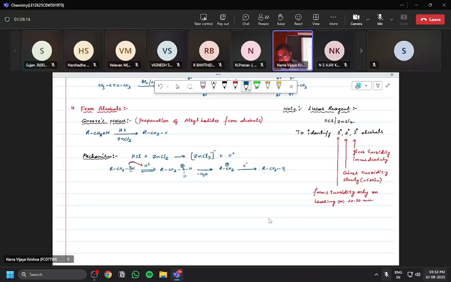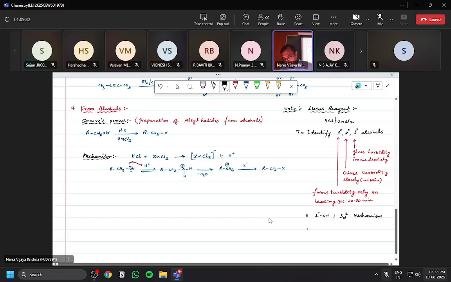So I am writing the same here. In Lucas test, if it is a primary alcohol, the reaction prefers to undergo SN2 mechanism.